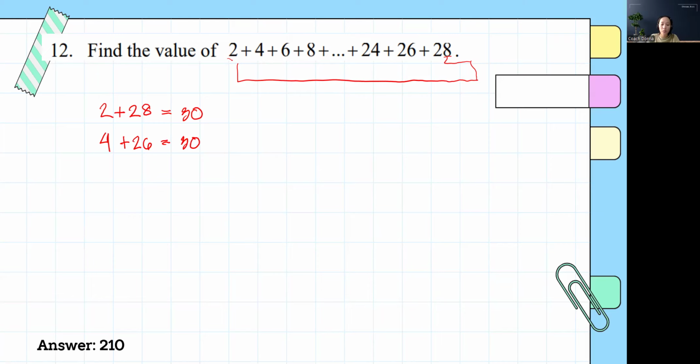We're just going to continue with this until we get the middle part. So we'd have 4 plus 26, and then pair up 6 and 24, and then let's pair up 8 and 22, and then 10 and 20, and so on.